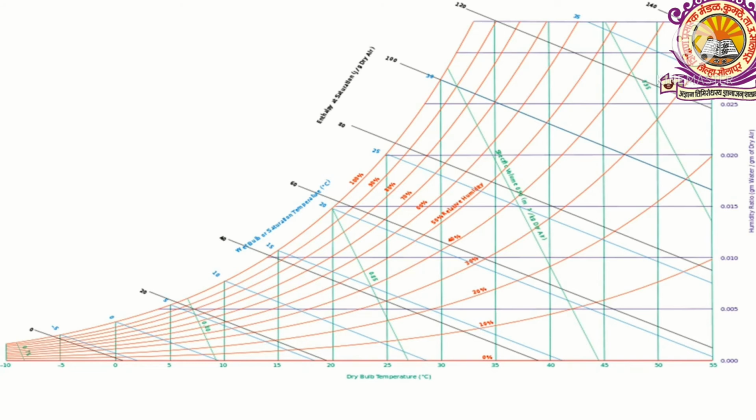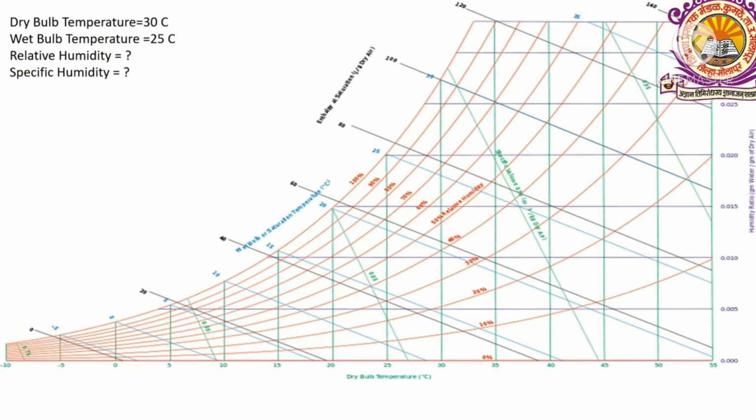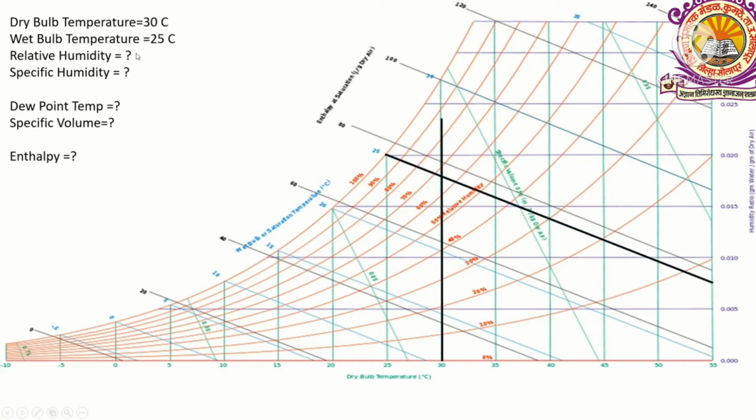With the help of these properties, we draw lines and mark the point of intersection. Consider that the air has a dry bulb temperature of 30 degrees Celsius and a wet bulb temperature of 25 degrees Celsius. We have to find relative humidity, specific humidity, dew point temperature, specific volume and enthalpy.